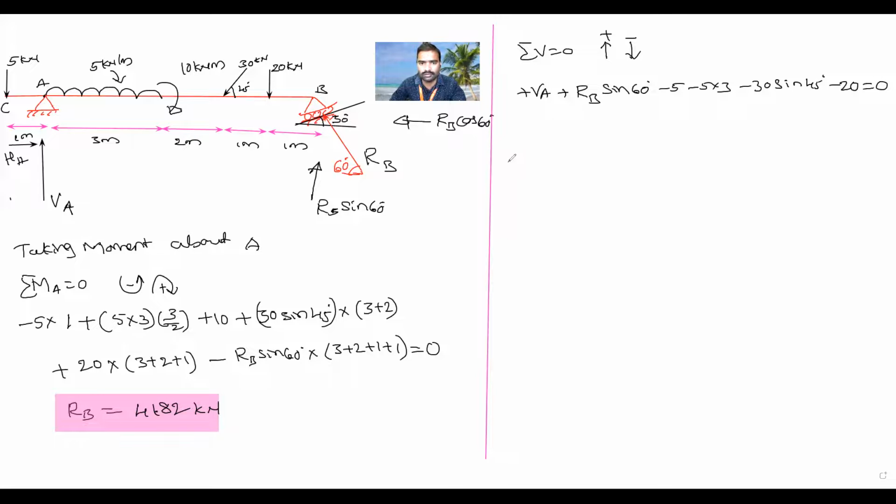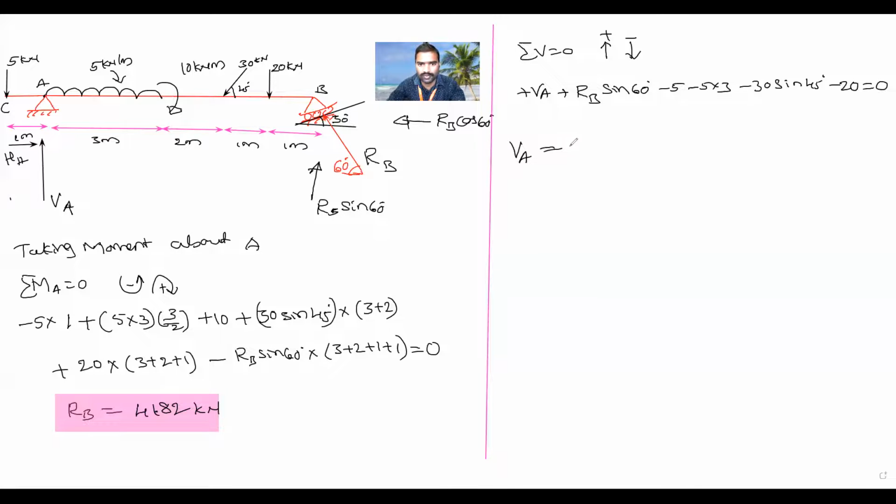So now calculate RA. It is VA. Substitute the value. First, I will keep VA as it is here. I will transfer all the things to the other side. What is RB?